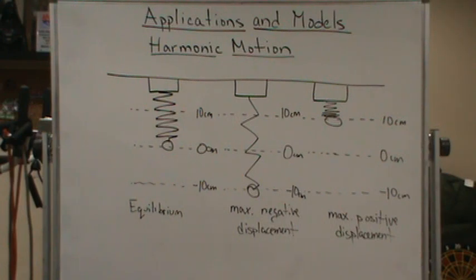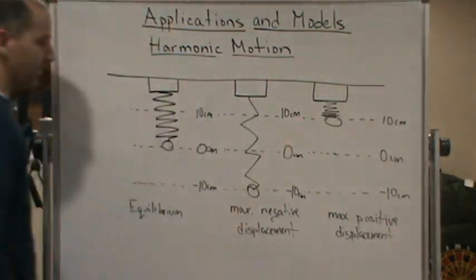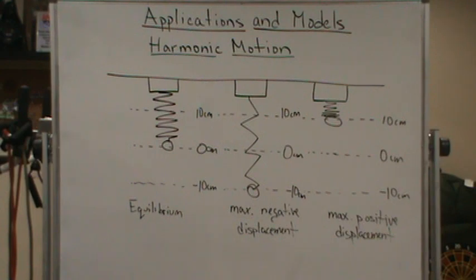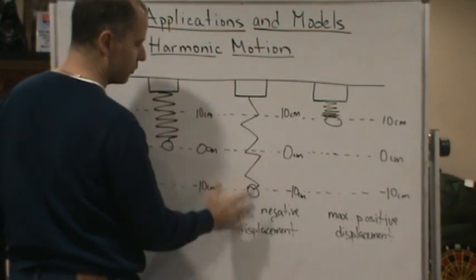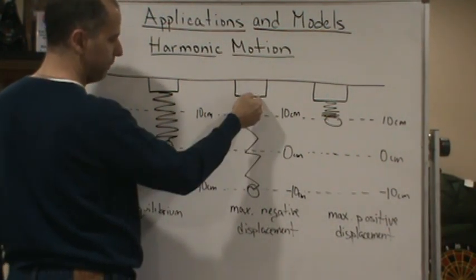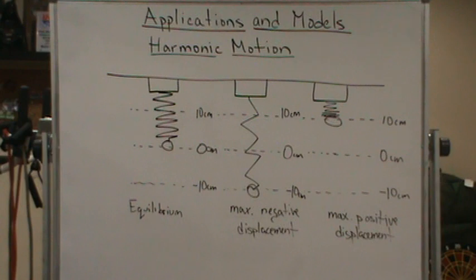We're going to assume further that when we let go, it's going to go back up and back down. So let's say for the ball to go all the way up here and then all the way back down here takes 4 seconds.